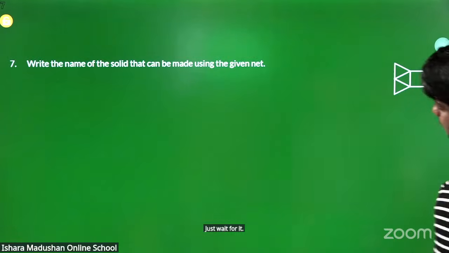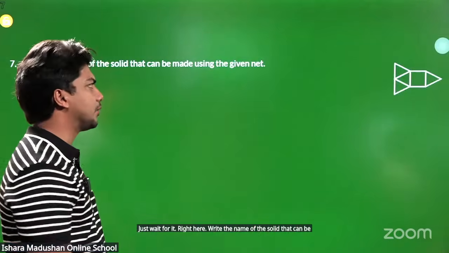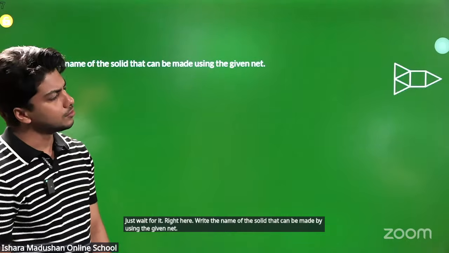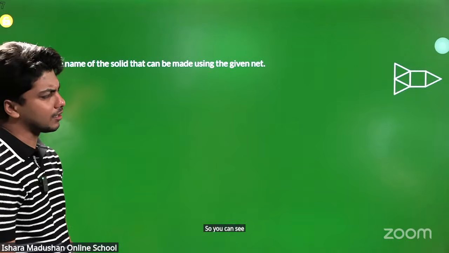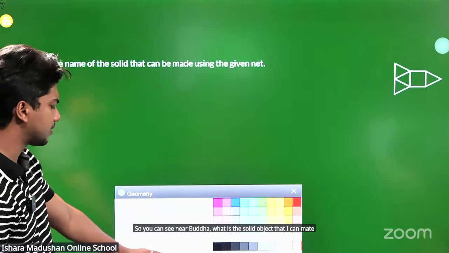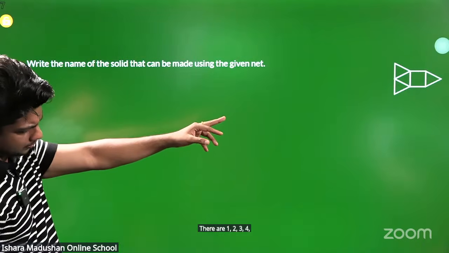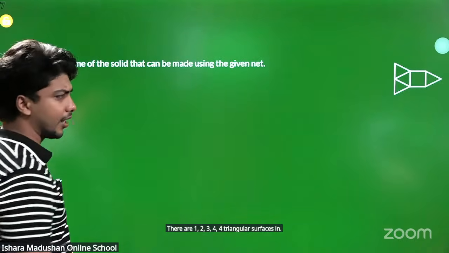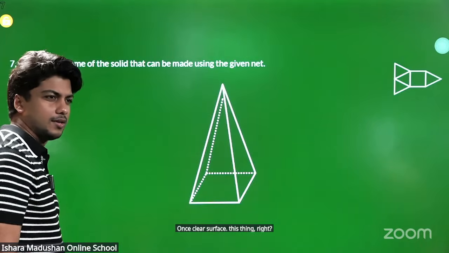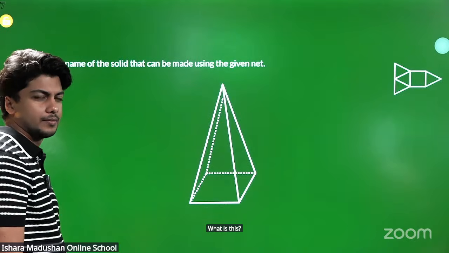Write the name of the solid that can be made by using the given net. So you can see, what is the solid object that I can make by using this net? Here you can see there are 4 triangular surfaces and one square surface. What is this? Square pyramid.